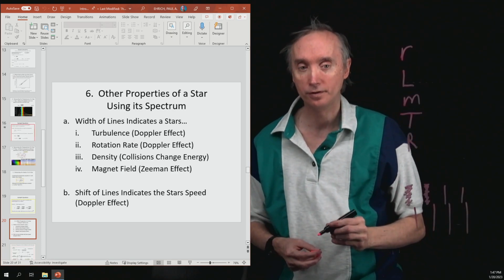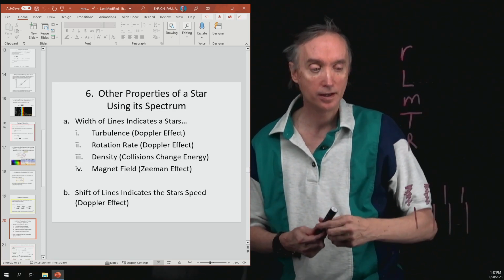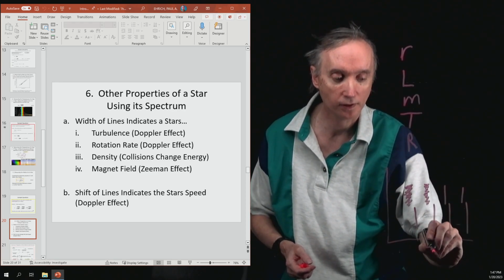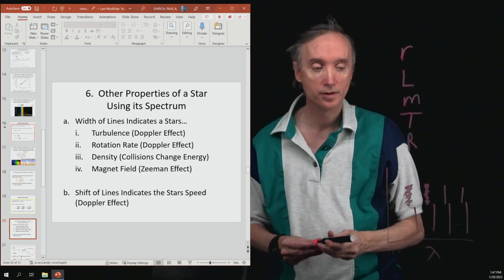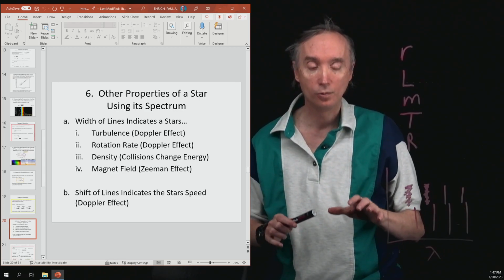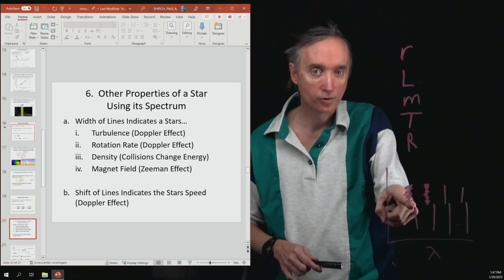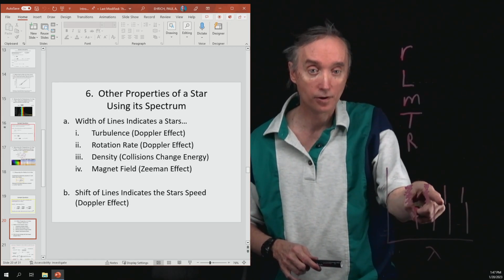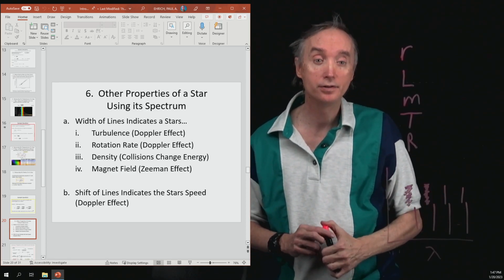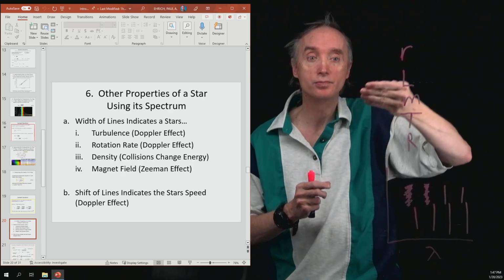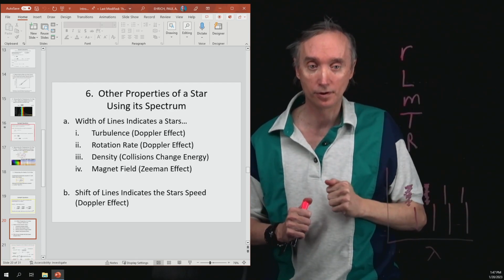Well, they've been shifted. And if this is your normal spectrum, where this is lambda, so the bigger wavelengths are in that direction, therefore the wavelength got larger, and so we say that it's being red shifted, and that means that that star is moving away from the Earth.